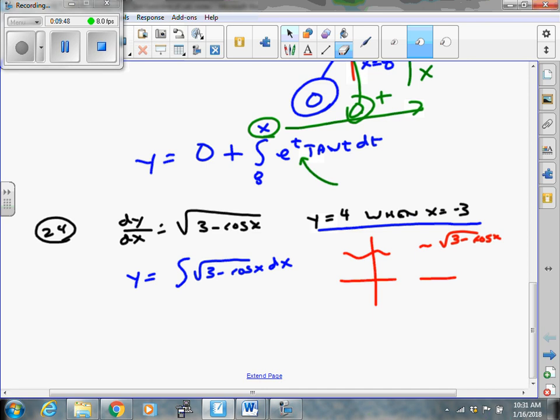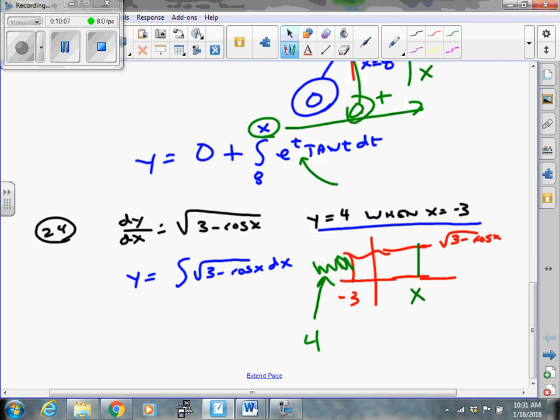Sorry, I put the negative 3 in the wrong place. The area up to negative 3 is 4. But this is a function, so I need to go all the way out to some value x.